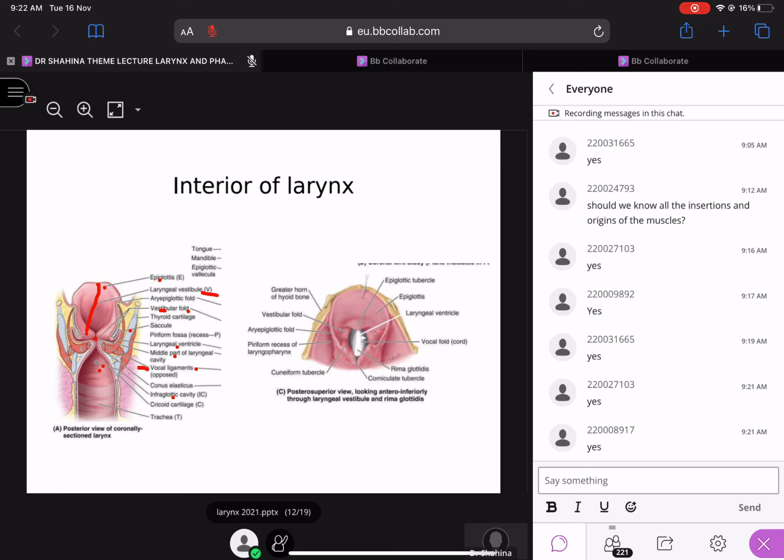This happens during swallowing, so the food is directed into the pharynx and esophagus. So you have muscles that will close the glottis and muscles that will open it, or you can say the muscles acting at the inlet of the larynx. Okay.